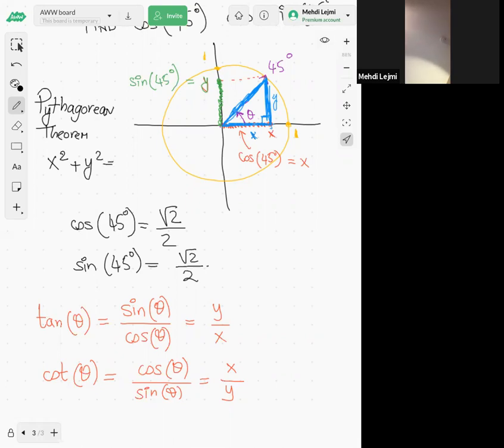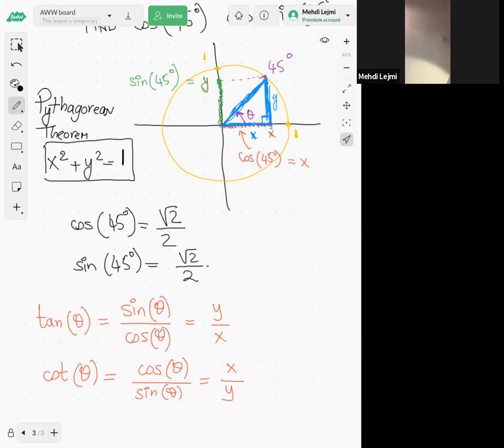But we are in a unit circle, so the hypotenuse is equal to the radius. It's equal to 1, so 1 squared is 1. So if you use the Pythagorean theorem in this unit circle, you get that x squared plus y squared equals 1. We think of cosine as x, and sine of the angle theta as y. So we get one of the most important trig identities: cosine squared, that's my x squared, plus sine squared, that's my y squared, equals 1.